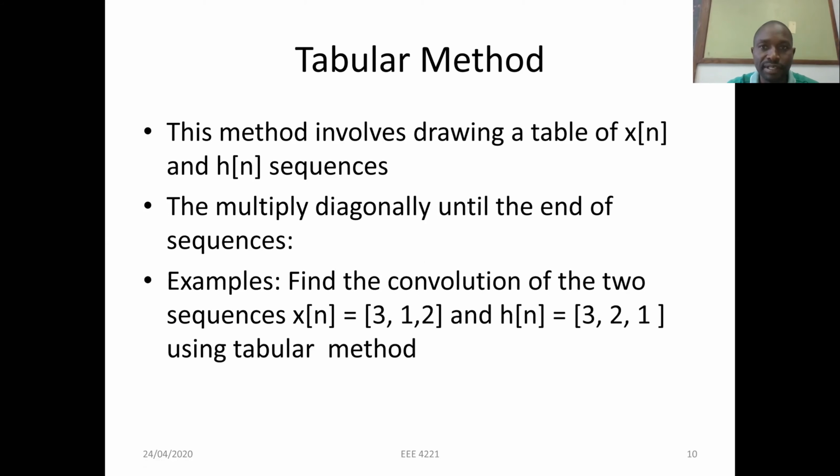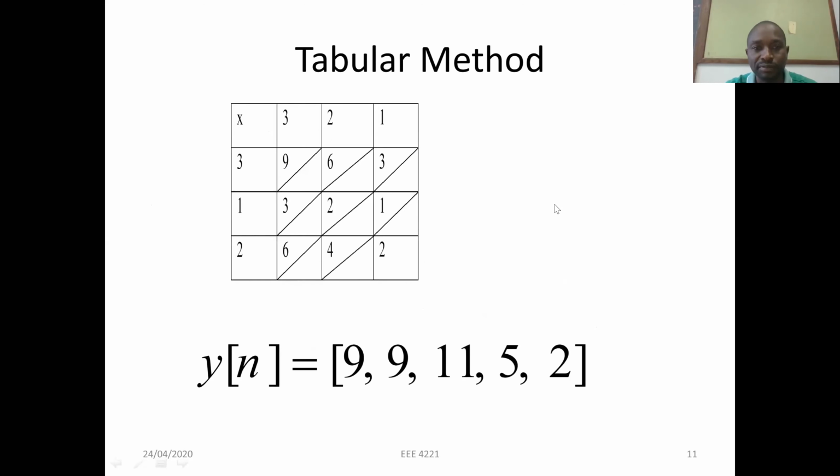So this time now we're going to use the tabular method, and this is how you resolve it. In the tabular method, what you're going to do is, and I want you to watch this carefully, you have this part here consisting of x of n. So that part is for x of n.